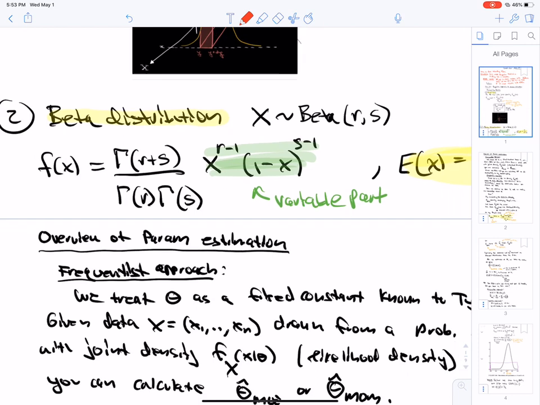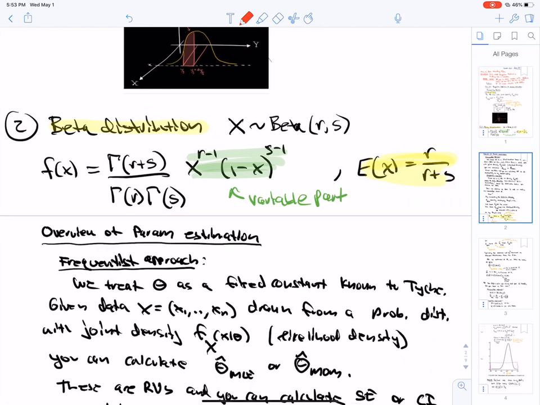Also recall the beta distribution. X is beta r, s, has the following density. Note the variable part, x to the r minus 1, 1 minus x to the s minus 1. Also remember that the expectation of beta is r over r plus s.